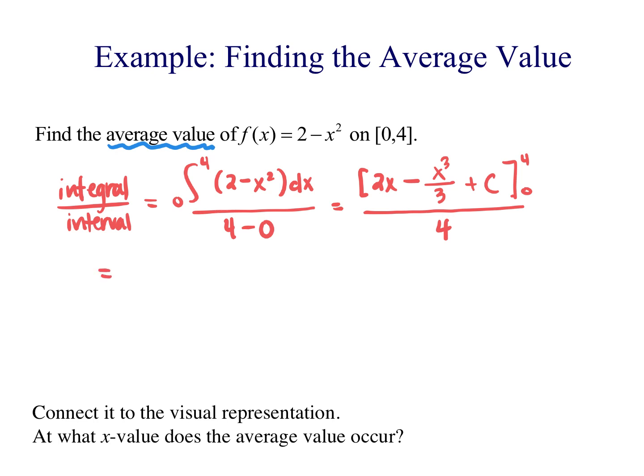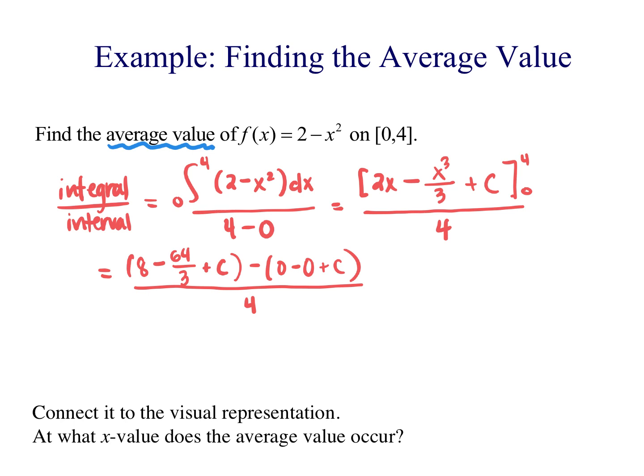All right, now I evaluate this. So that would be 8 minus 64 over 3 plus c, and then minus a whole bunch of zeros, all over the number 4.